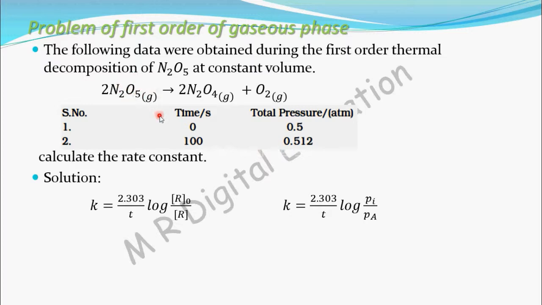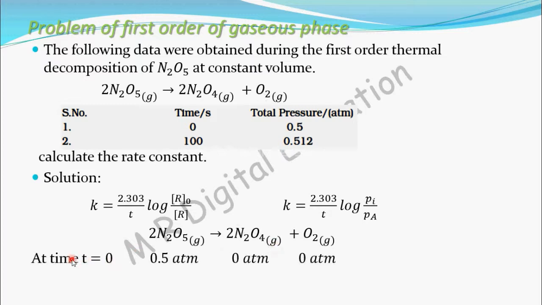Let's see how I will find that. Take this reaction, that is 2N2O5 gives 2N2O4 and O2. You know that at time t equal to 0, total pressure will be pressure with respect to N2O5 only, since at the beginning of the reaction there will be no products, so the partial pressure of the products will be 0 atmosphere. Pressure with respect to N2O5 is the partial pressure of N2O5.